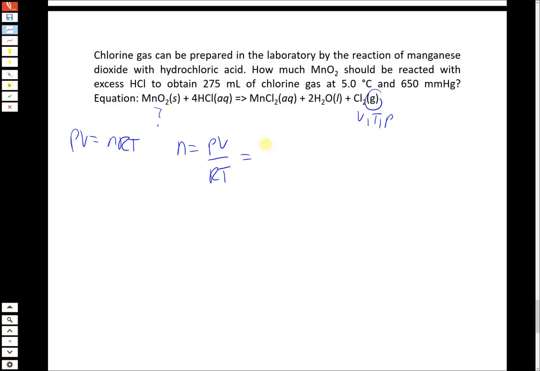The pressure is 650 millimeters of mercury, so we divide that by 760, since 1 atmosphere is 760 millimeters. That comes out to 0.855 atmospheres for our pressure.